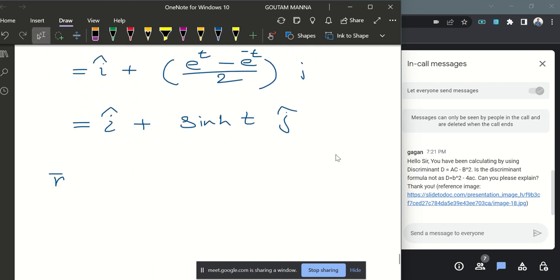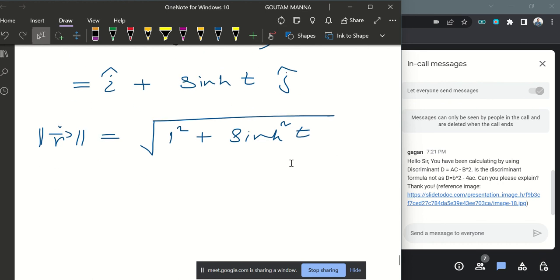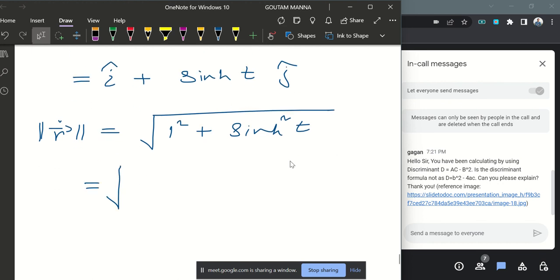In that case, the magnitude of it will be root under 1 squared plus sinh squared t, which is root under 1 plus sinh squared t.